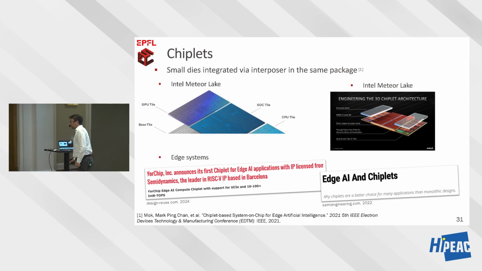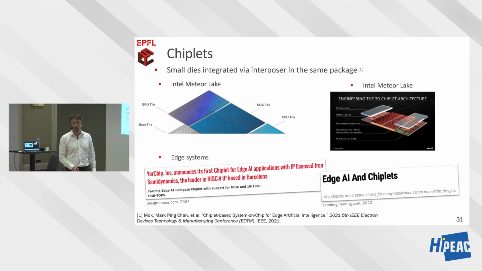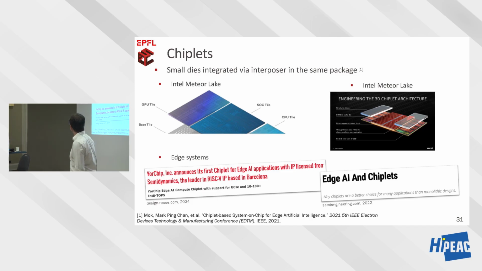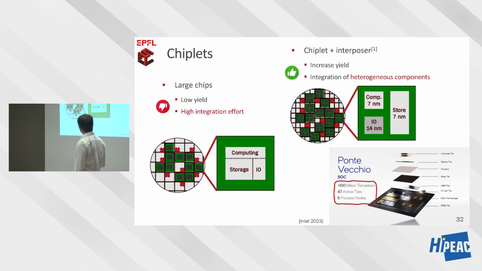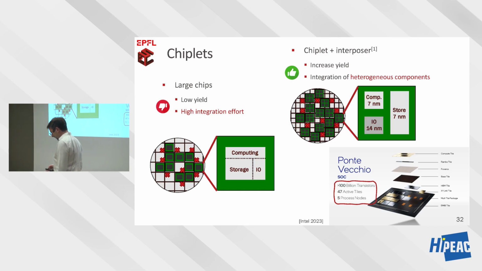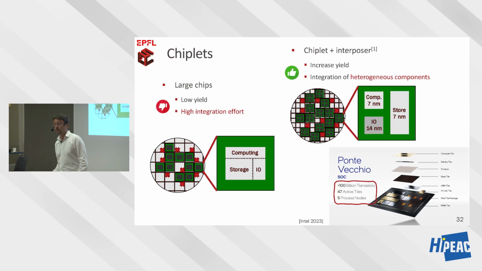Okay, so now I have to pick and choose what I want to talk to you about. To set the stage for the next topic, we are entering the era of 2.5D integration.